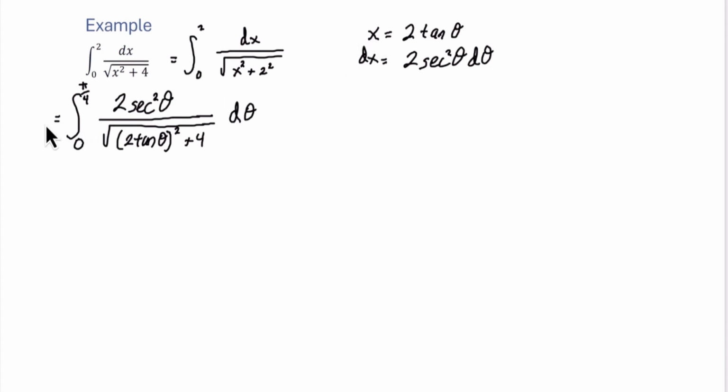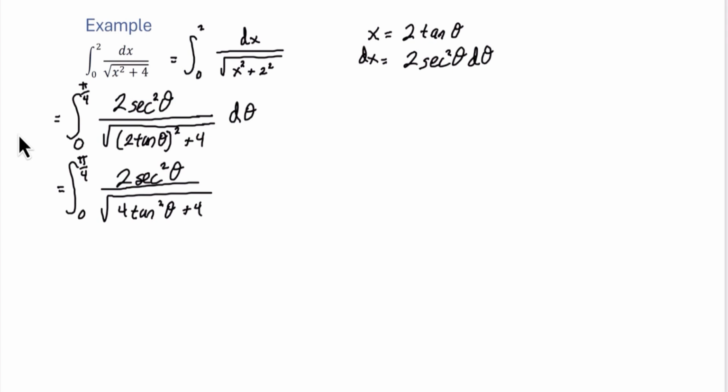Now that we have our limits of integration, we can continue simplifying this expression. I'll leave the numerator as it is for now. And the denominator we can rewrite as 4 tangent squared theta plus 4.